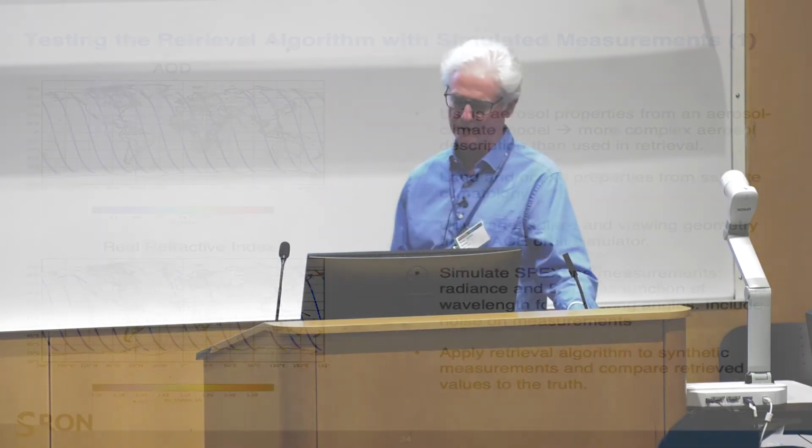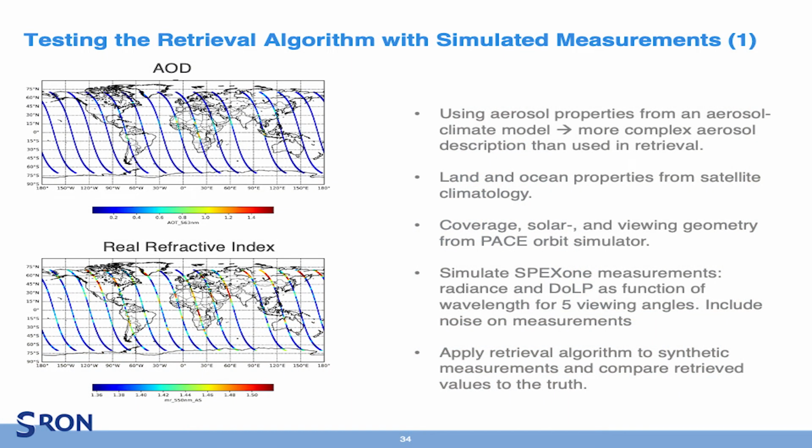And so they got pretty good results, actually. This is sort of a scatter plot thing, which is in the eye of the beholder. But what I like is these figures where they have the retrieval minus the truth divided by the standard deviation. For a normal distribution, it should fit within these dashed lines.